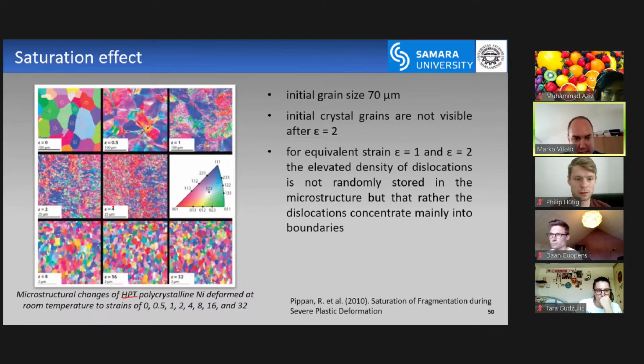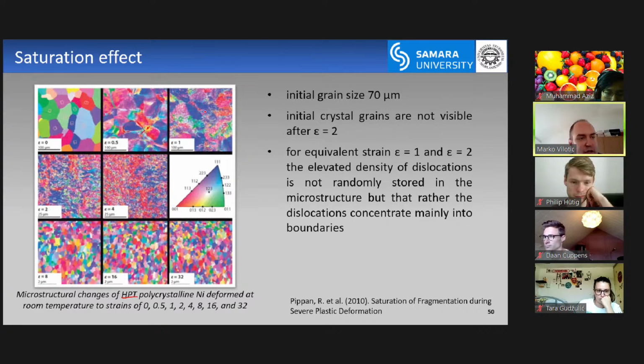Once you increase the strain, you will get grain refinement. However, at strain 8, 16, and 32, the grain size is, I would say, totally the same. By the way, the initial grain size is 17 micrometers, and in this case it's less than 1 micrometer.